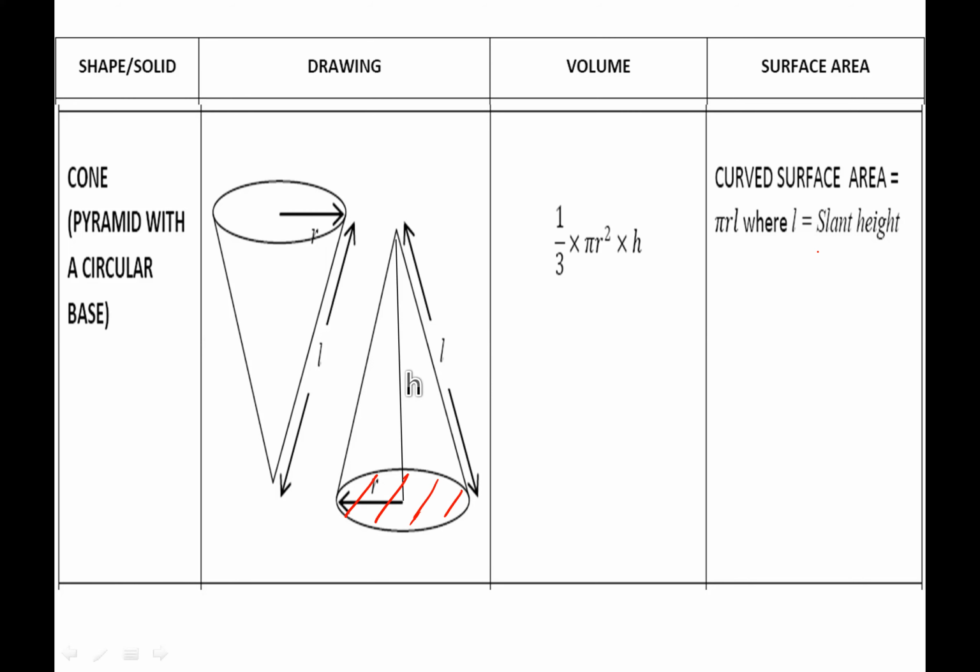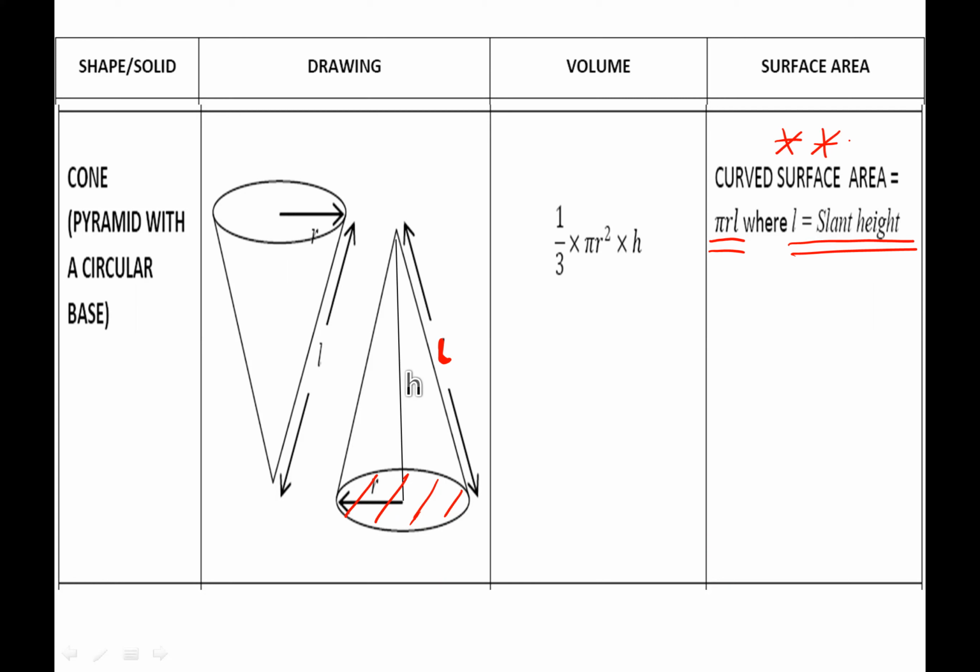So if we wanted to get the curved surface area of this cone, we would use this formula, pi r L, where L is the slant height, which is this slant height here. And it's the only formula that we have come across where we need to use the slant height and not the perpendicular height. So this is very important, and you need to take note of that.